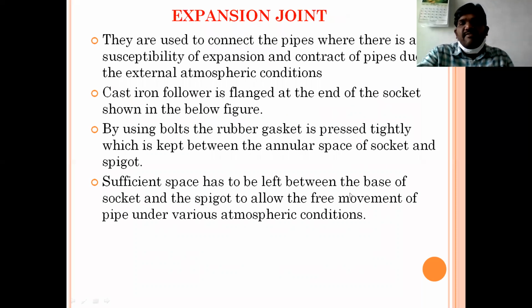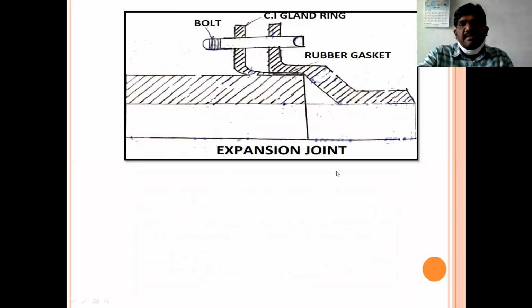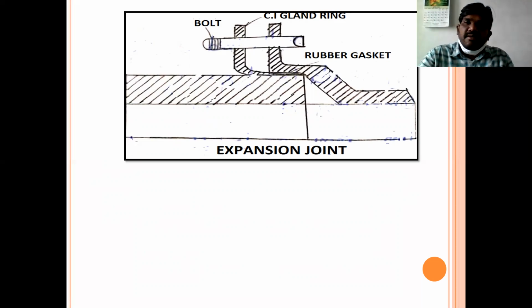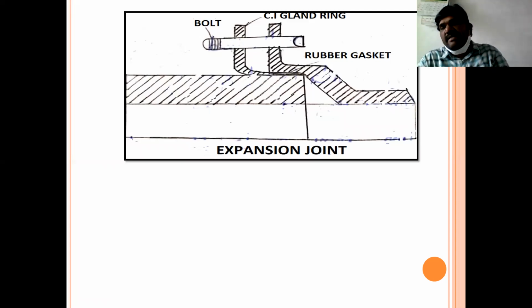Sufficient space has to be left between the base of the socket and the spigot to allow free movement of the pipe under various atmospheric conditions. Sufficient space must be allowed in the joint for free contraction and expansion.